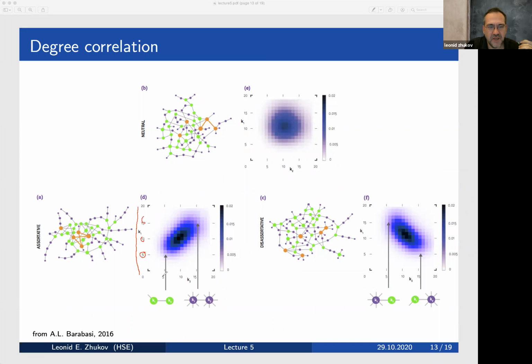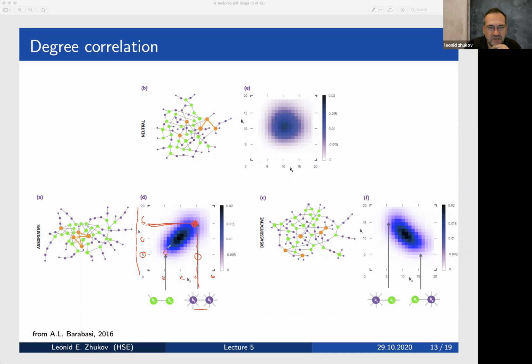And this is the degree of another node, right? 5 neighbors, 10 neighbors, 15 neighbors, 20 neighbors. What the color coding shows is that here you have dark colors, which means nodes of high degree, 15, are more often connected to nodes of degree 15 than, for example, of degree 5, because here it's light, right? So that's those nodes.